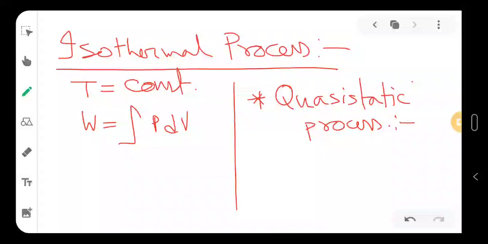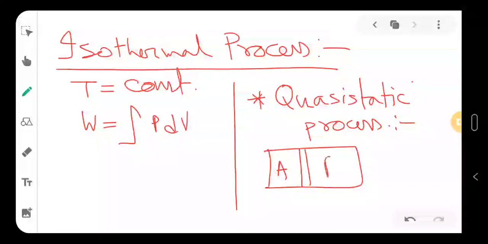As a result, the transfer of heat will be only partial. So in order to maintain the flow of energy from one system to another through some isothermal separation, the process has to be very, very slow.